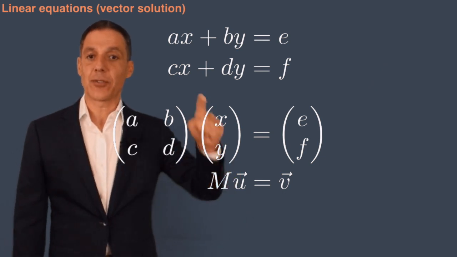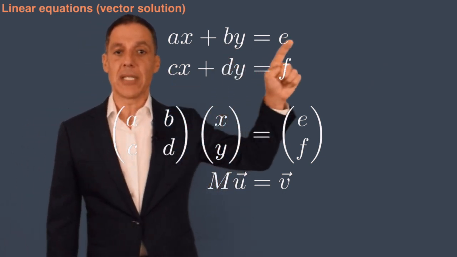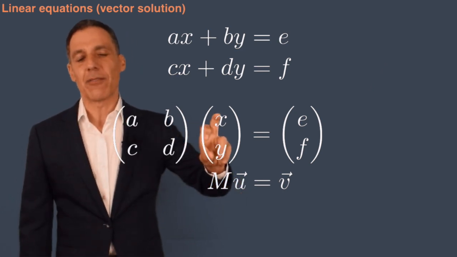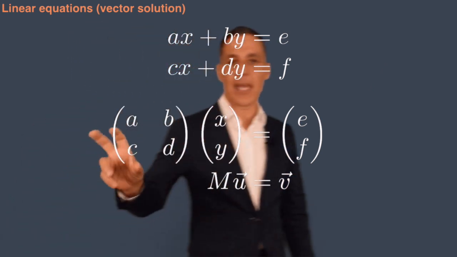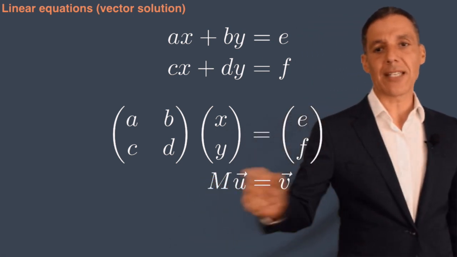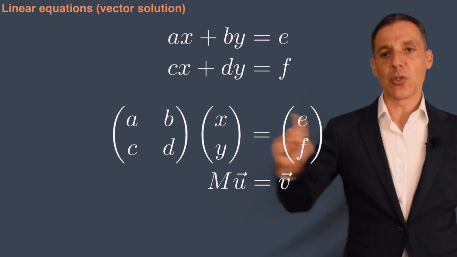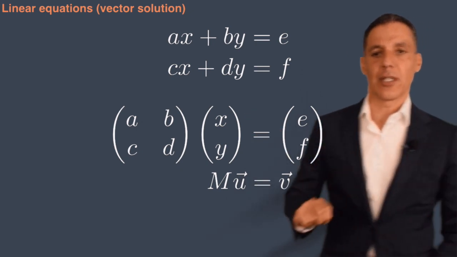So scalar values, for example, c, b, e, f, d, and a are just lowercase letters, but when we put a line over it, it reminds us that it's a vector. Matrices I typically do as uppercase letters. So here my matrix is M times the vector u for unknown is equal to a vector v.